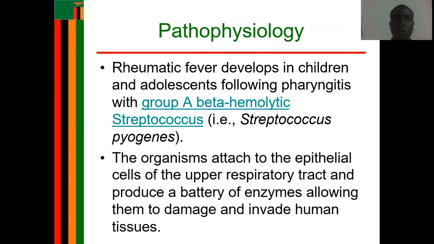Pathophysiology: what usually happens? Rheumatic fever develops in children and adolescents following pharyngitis with group A beta hemolytic streptococcus. If a child has a throat infection resulting in pharyngitis, the organism attacks the epithelial cells of the upper respiratory tract and produces a battery of enzymes, allowing it to damage and invade the human tissue.